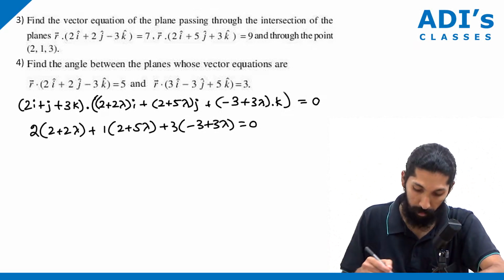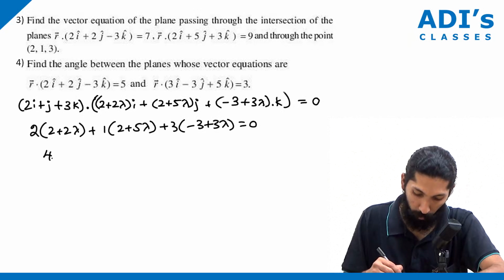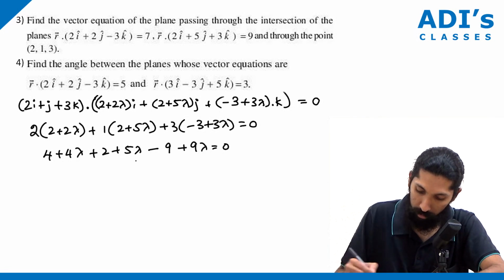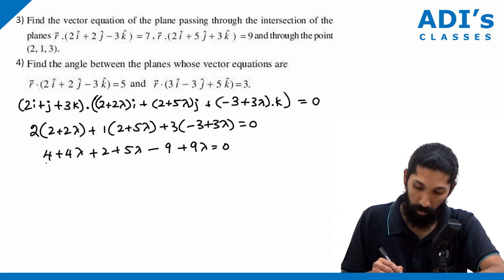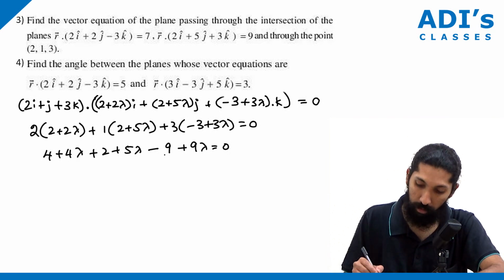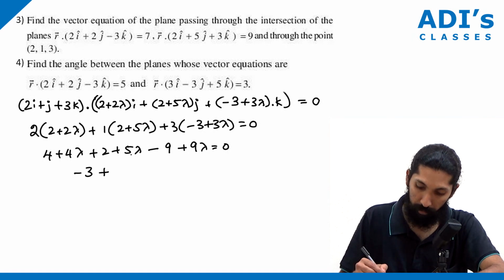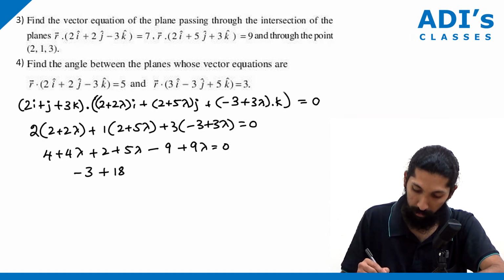When you solve this, you will get 4 plus 4 lambda plus 2 plus 5 lambda minus 9 plus 9 lambda is equal to 0. Correct? Now 4 plus 2 is 6, 6 minus 9 is minus 3. 4 plus 5 is 9, 9 plus 9 is 18. So 18 lambda minus 3 is equal to 0.